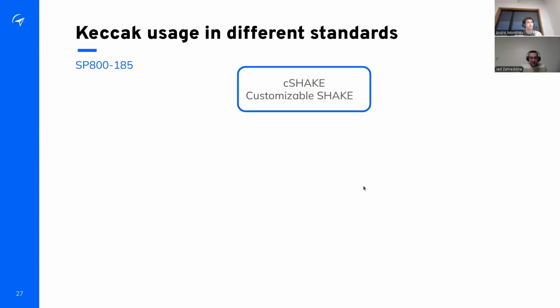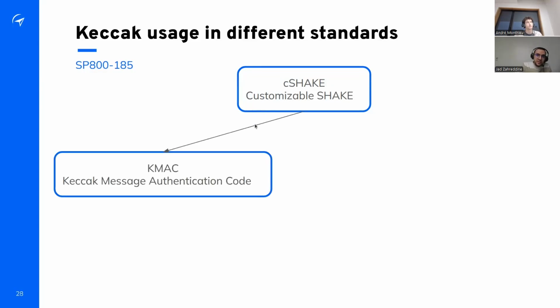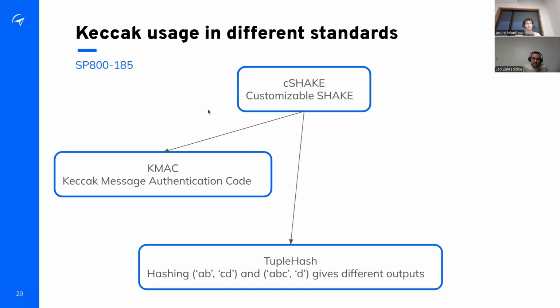Then, as we stated, in 2016, 1 year after standardizing SHA-3, the NIST published a special publication in order to extend what could be done with SHA-3 and Shake. The first function that they defined is the customizable Shake, cSHAKE, and as its name implies, it's going to be used in order to create customizable functions. So the first one is KMAC, or Keccak message authentication code, which lets us authenticate messages and ensure their integrity. The second function that has been proposed is TupleHash.